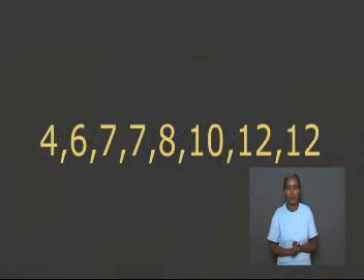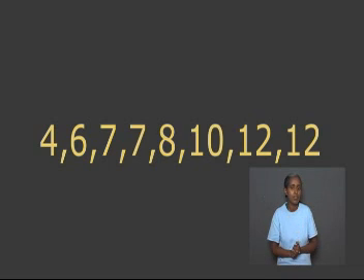In cases where the data set contains an even number of values rather than an odd number, the median is half the sum of the 2 middle values. For example, in this data set, there are 8 numbers.